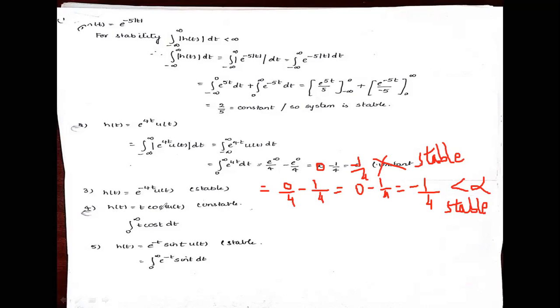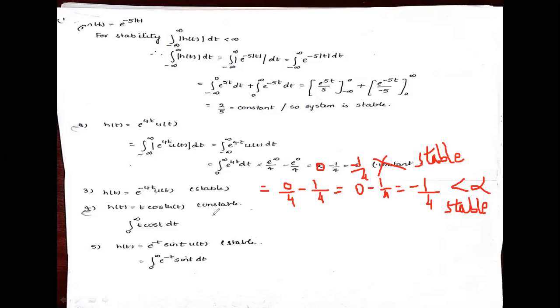And h of t is equal to t cos t mu of t. And h of t is equal to e power minus t sin t mu of t. Is it stable or unstable? Okay. T into cos t, you can apply integration by parts.